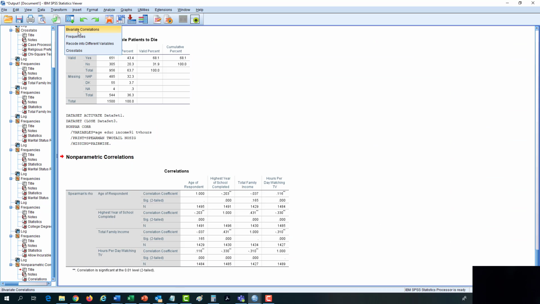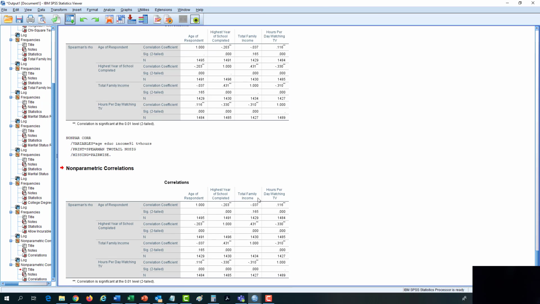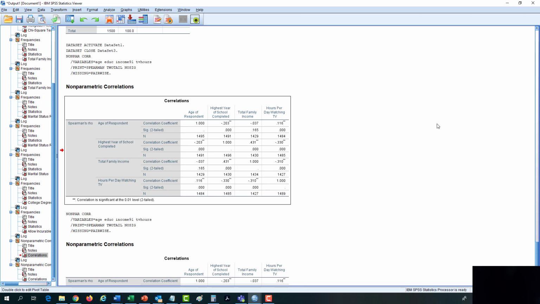And I'm going to do it again real fast just so we can have it right where we can see it. Here's the matrix, right? Here's how it sets it up. All the variables are in the rows and all the variables are in the columns. That's how you get the intersection between two variables.